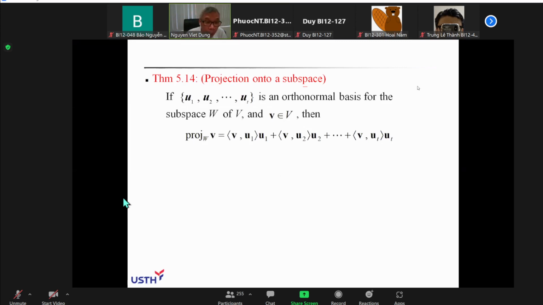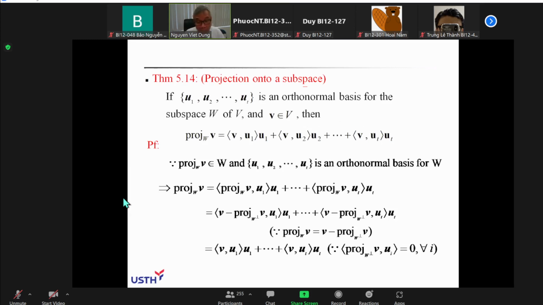Suppose that W is a subspace, and inside W we have an orthonormal basis, say U1, U2, up to Ut, and V is any vector in the vector space. Then the projection of V onto the subspace W will be given by that formula. It is explained here, so I will not explain it once again during the class. You need to read it by yourself.